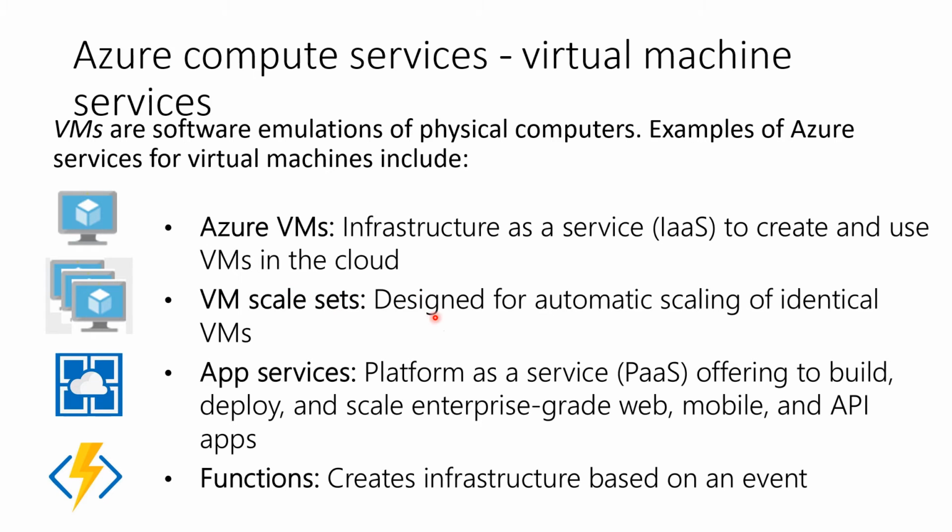Azure Functions are very unique, and a very good addition to the bundle. It creates infrastructure based on an event. When you're concerned only about the code running your service, and not the underlying platform or infrastructure, that time you use Azure Functions.